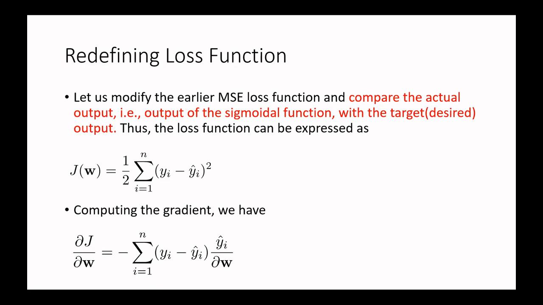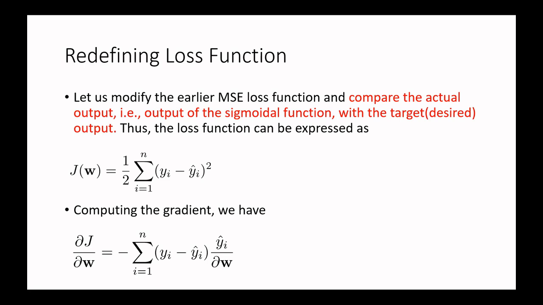So let's look at redefining the loss function, or you can say, is there any other way we can define the loss function? All right. So let's modify our mean square loss function. In the mean square loss function, what we did is we took the output of the summation unit and compared that with the desired output. All right.